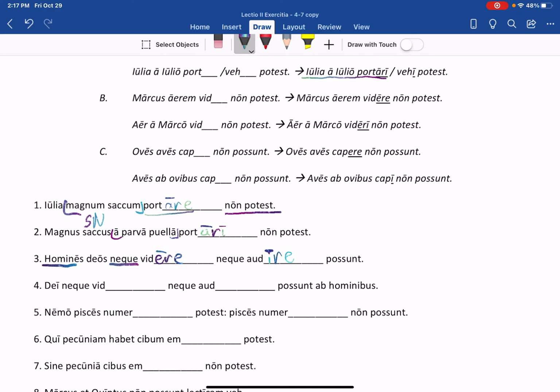Number 4, dei neque videri, neque audiri possunt ab hominibus. The gods are neither able to be seen nor to be heard by the humans, ab hominibus.